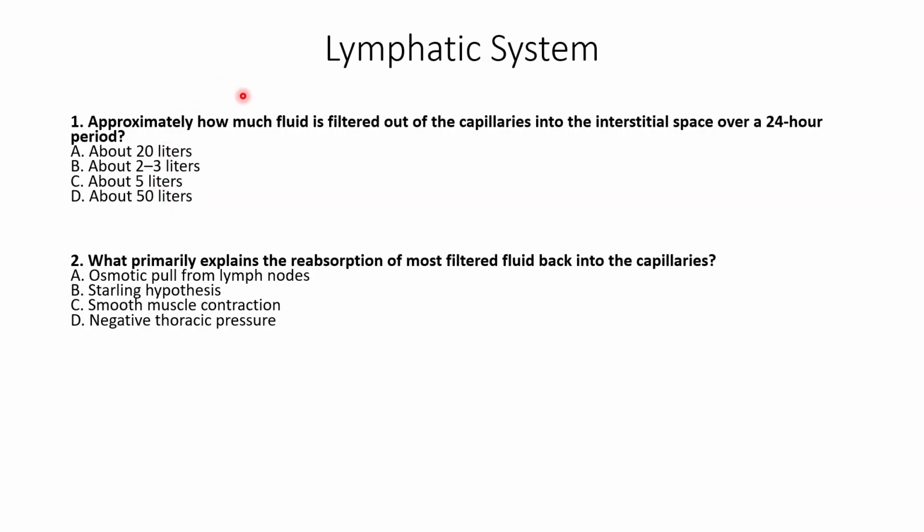If you have negative net filtration pressure, you are having more reabsorption, so fluid is entering the capillary. So this is a balance of negative and positive, and that allows filtration as well as reabsorption. So when we apply it to this question, the Starling hypothesis is explaining the reabsorption of most filtered fluid back into the capillaries, because what goes out must then also be reabsorbed back in. That's the only way that you can maintain these things.